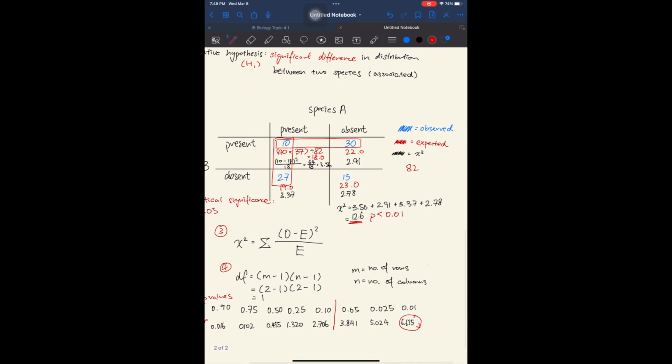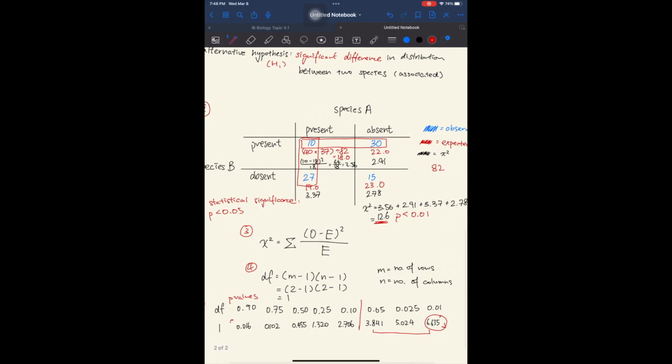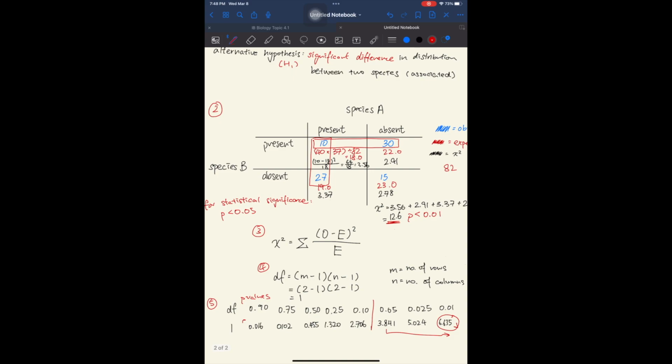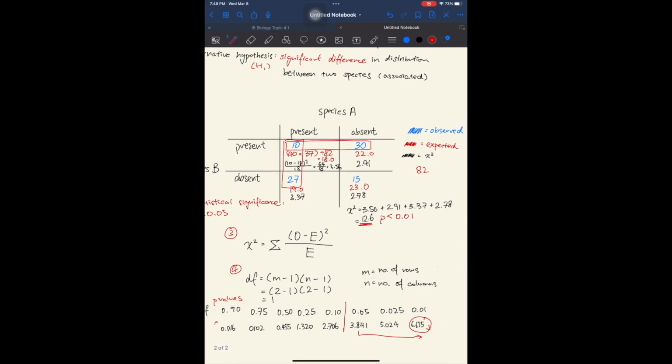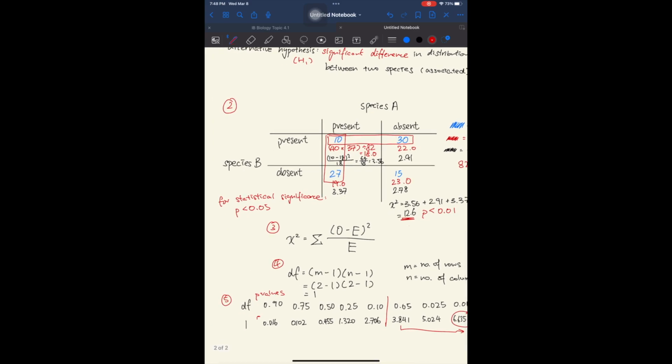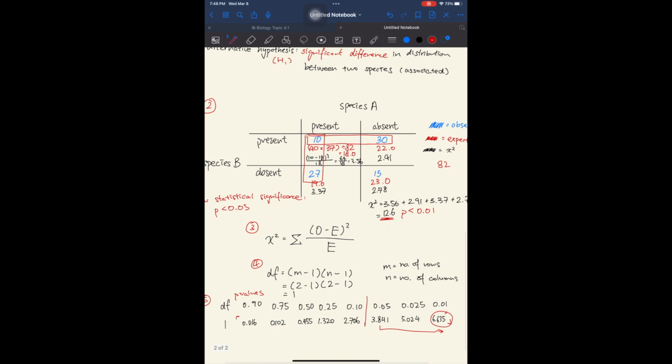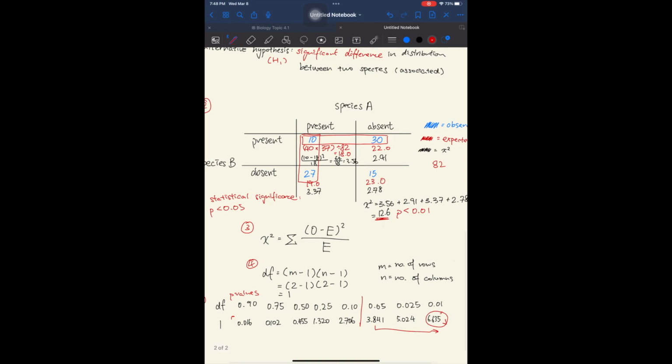So any value that lies beyond would mean that it is statistically significant. The calculated value has to be larger than 3.841 in this case. So for statistical significance, the p-value has to be smaller than 0.05, and the calculated value has to be larger than 3.841. And ours is 12.6, so it is much bigger, making it statistically significant.